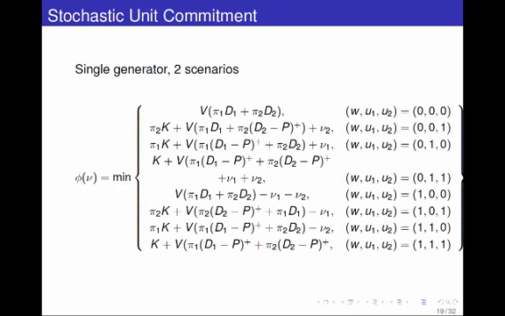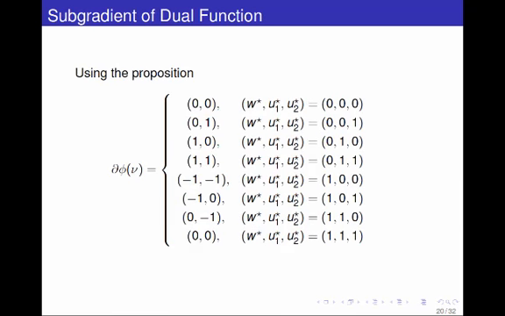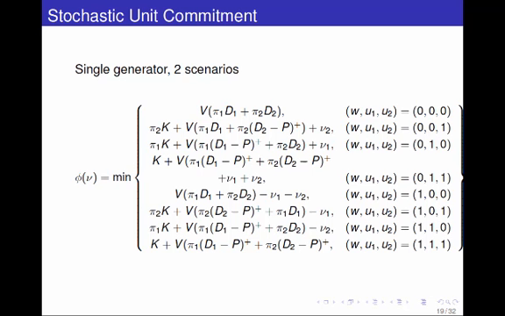Okay, so back to the example I showed you earlier. You can do this in AMPL or analytically, but basically the reason that the dual function I showed you earlier was a piecewise linear function is because it's a minimum of 8 possible combinations of the binary decisions.